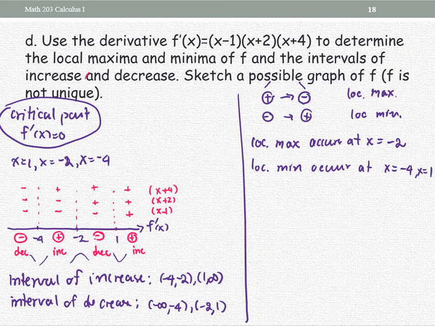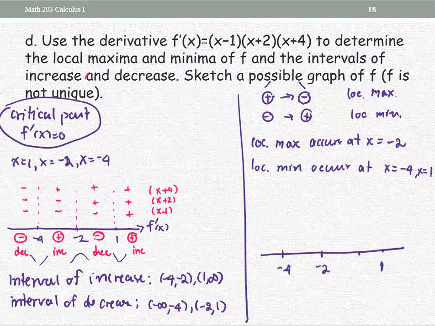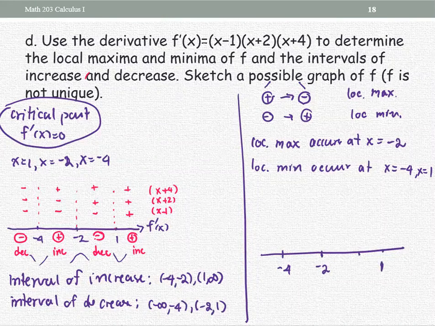And next we're going to sketch the graph. Mark negative 4, negative 2, and positive 1. At these 3 points, the slope is 0.